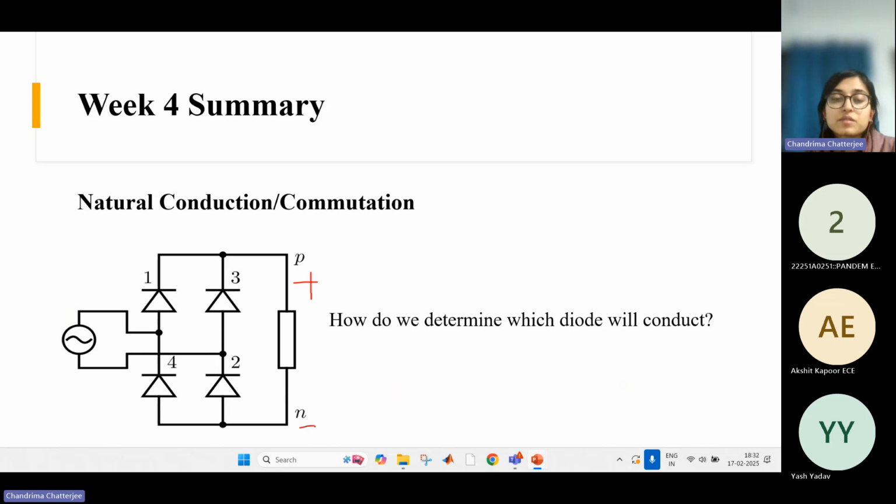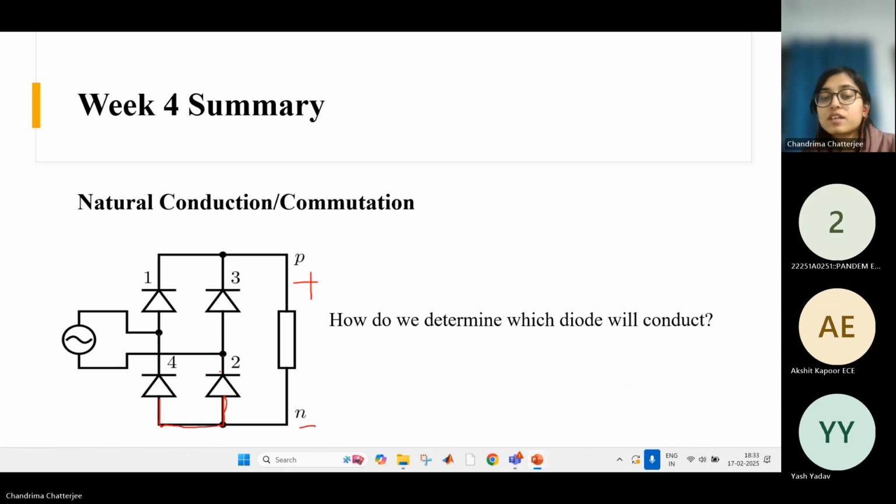There is something we call the common anode configuration and the common cathode configuration. What is common anode configuration? Here, for diode number 2 and diode number 4, their anodes are at the same potential, but their cathodes are connected to different points.